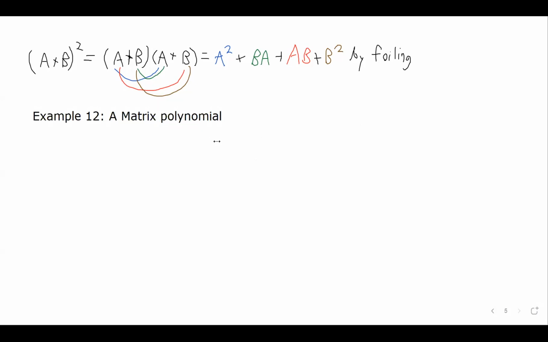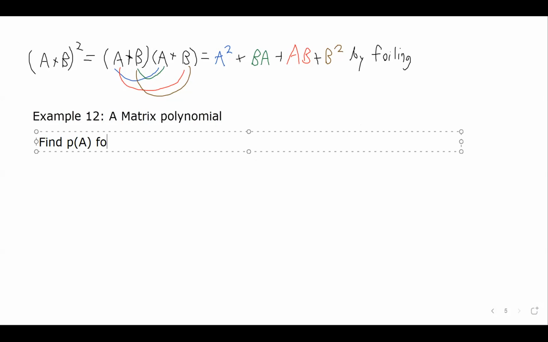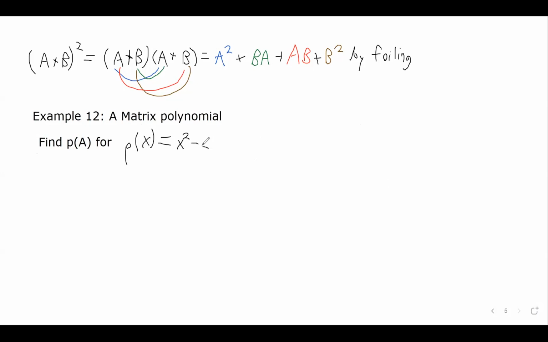The example is: find P of A for P of X equal to X squared minus 2X minus 3, and A is equal to the 2 by 2 matrix -1, 2, 0, 3.